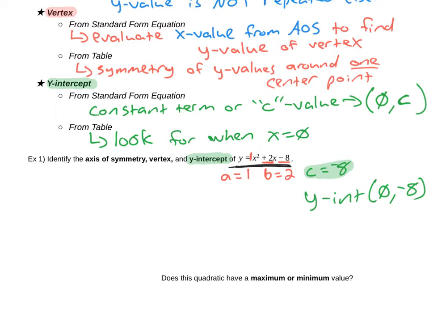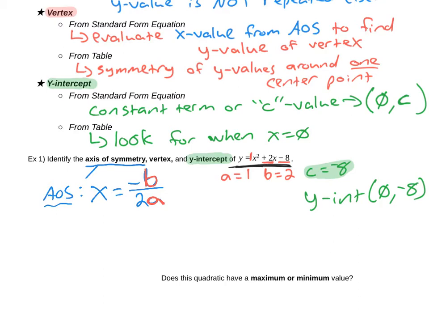So, let me get the right color. All right, so axis of symmetry, again, the equation we're going to use is x equals -b over 2a. I'm replacing the b from the coefficient in the equation and the a as well. That's why we list those a, b's, and c's first.